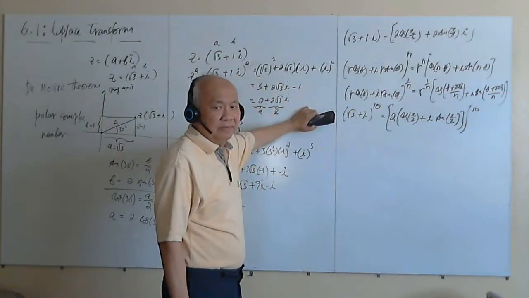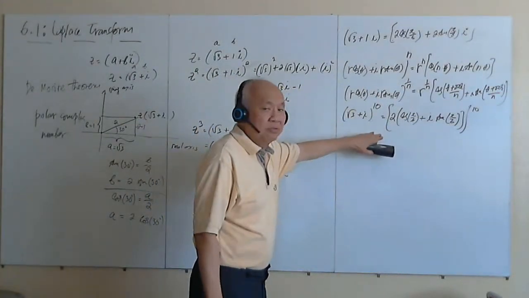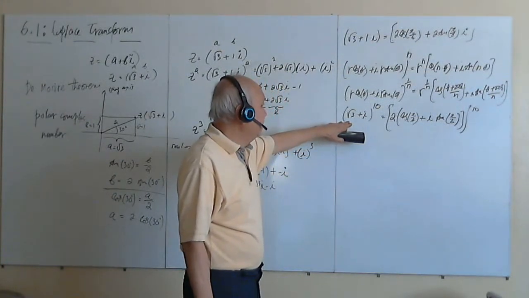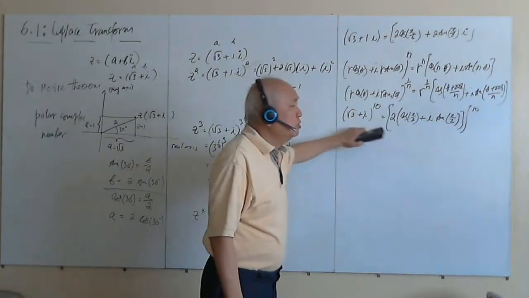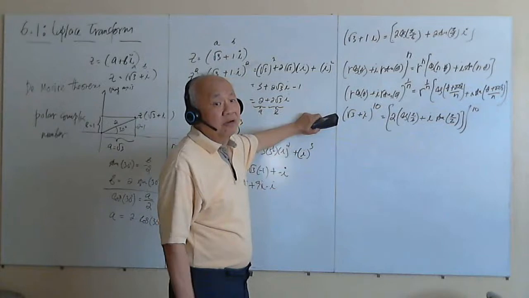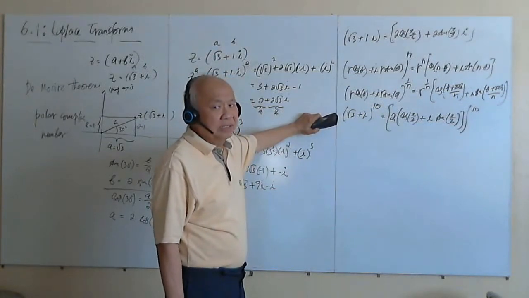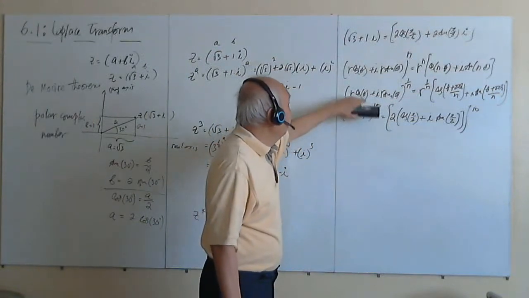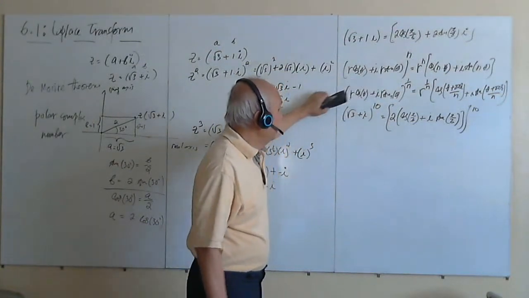From here to here, I did not make any change, except that this one is expressed in simple a and b numbers, but this one I am choosing to represent in trigonometry. There is no change at all. Nothing changing.